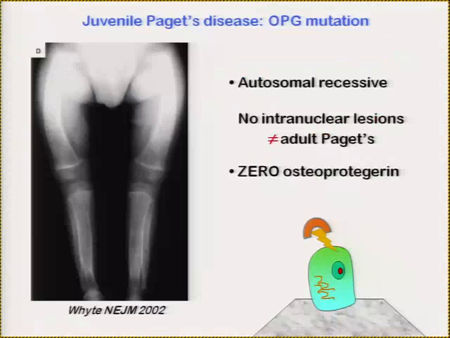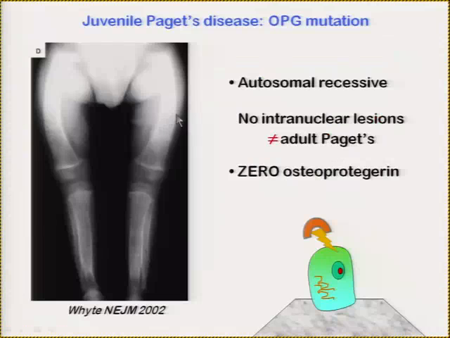This turns out to be a reason for a really horrendous disease, which is really misnamed Juvenile Paget's disease. In Juvenile Paget's, there's a complete absence of OPG. The mutation in this gene completely wipes out OPG. It's different from adult Paget's, which we all argue about what it is, but there are no osteoclast intranuclear lesions.